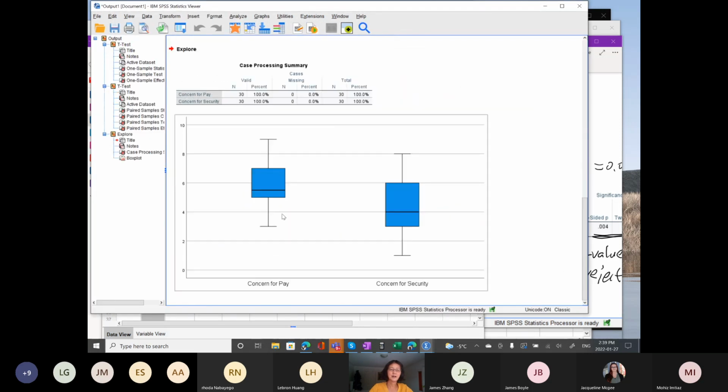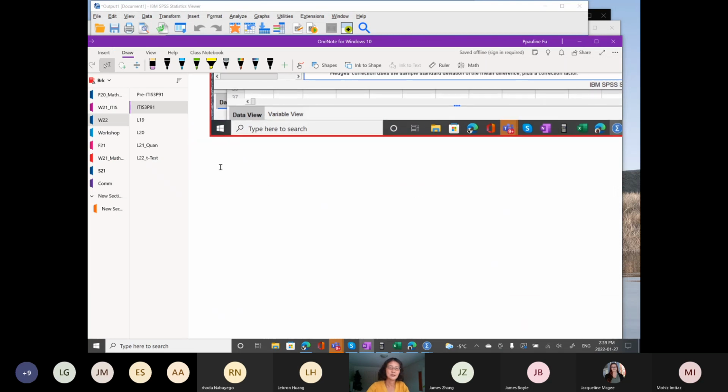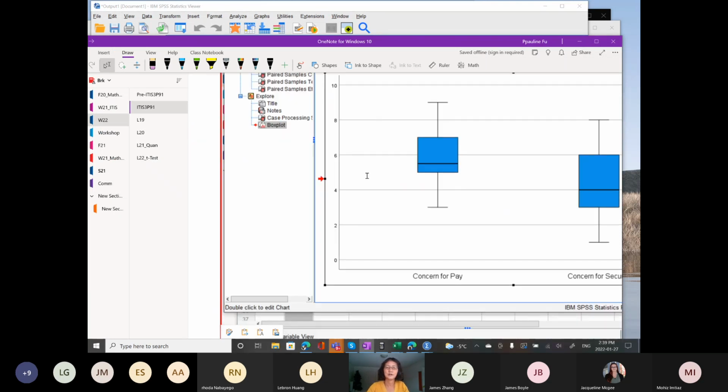You have this box plot. The first box plot represents concern for pay. The second box plot represents concern for security. Based on this box plot, the mean value for concern for pay is here. I will copy this. So this is the graphic output.